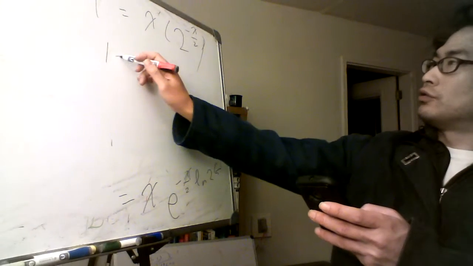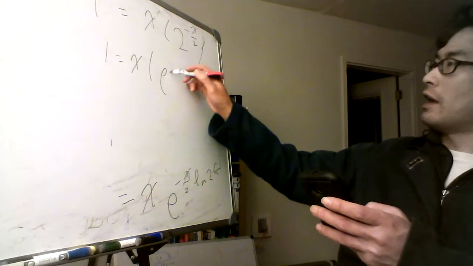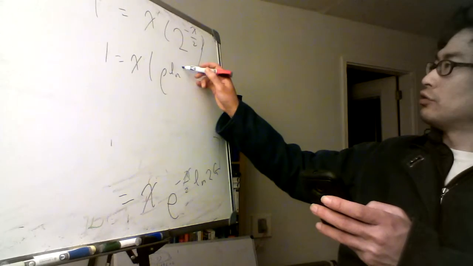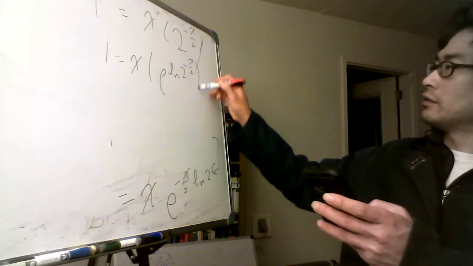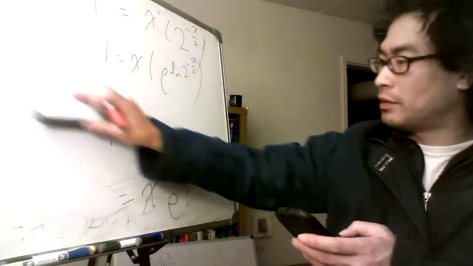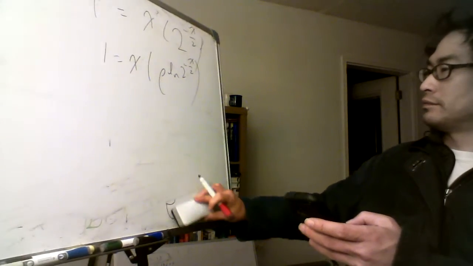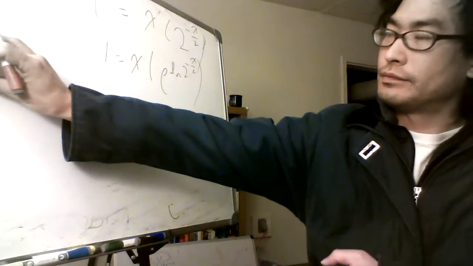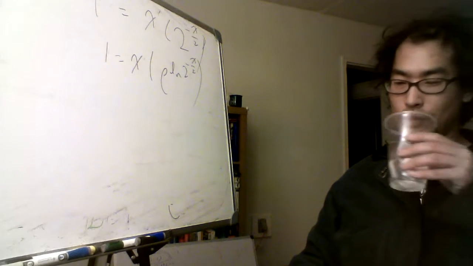And this is equal to x times e to the ln of 2 to the minus x over 2. Such a long work.